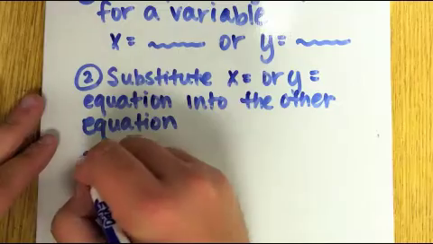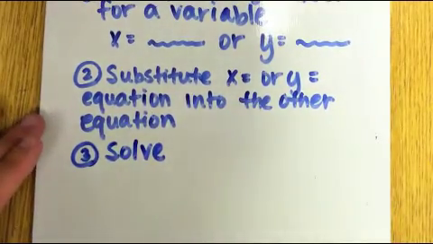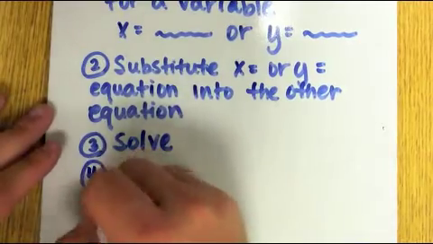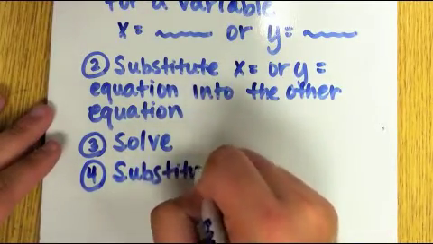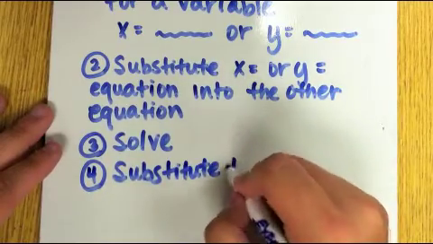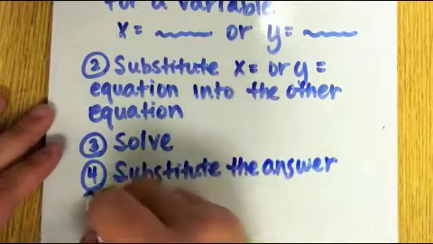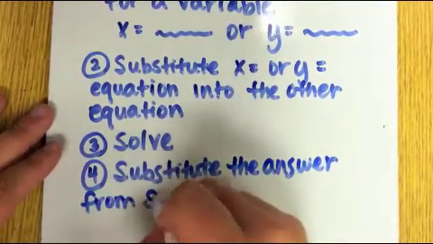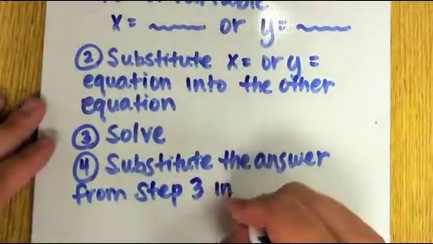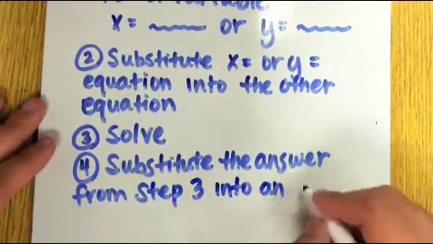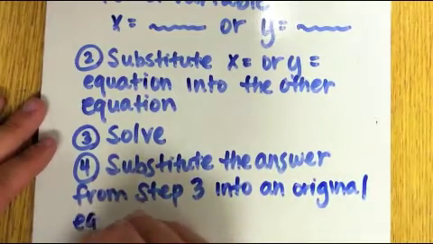Okay, your third step will be to solve. That'll make more sense once we actually do it. And then four, we're going to substitute again, substitute the answer from step three, okay, into an original equation.